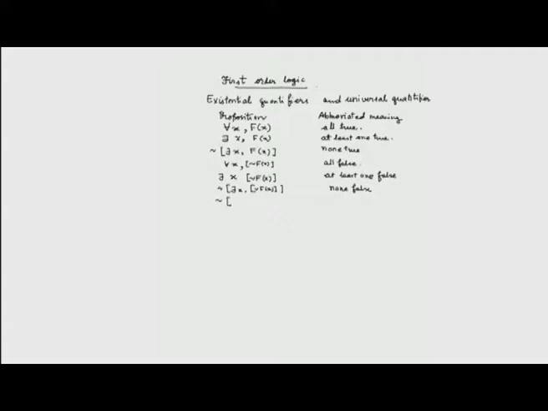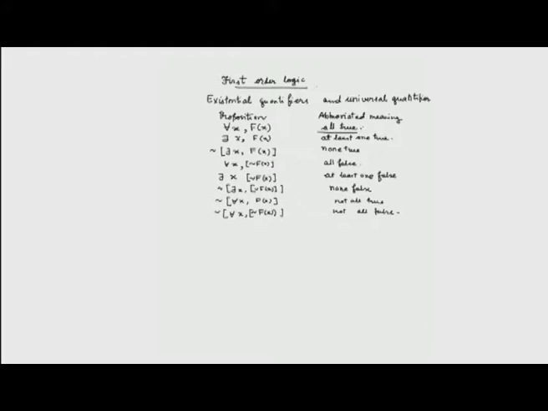Then not of for all x f x, this means not all true, and lastly not all false. Now, we have seen these propositions in the last lecture.